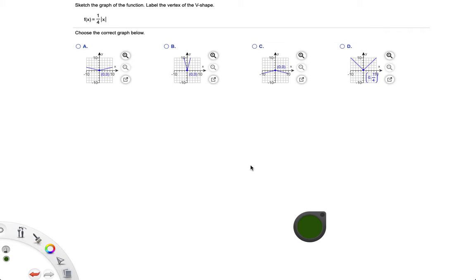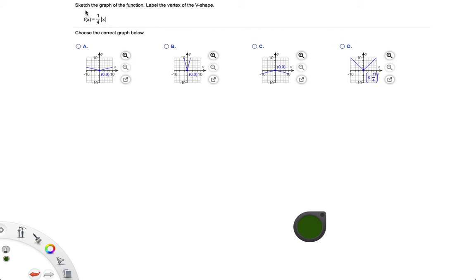When we graph these as functions, they look a little different. Because it's a distance, if the inside of the absolute value is negative, it's still going to be a positive number. It doesn't change a positive number to a negative number. It's not an opposite thing. It's just how far away it is.